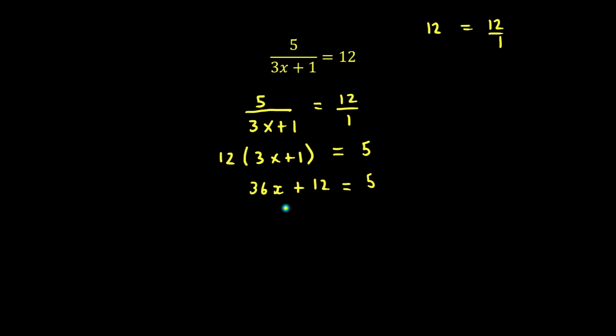And then we can go ahead and subtract 12 from both sides, and that will give me 36x, which is equal to 5 subtract 12 will give me minus 7. So then x would equal minus 7 over 36. And that would be my final answer.